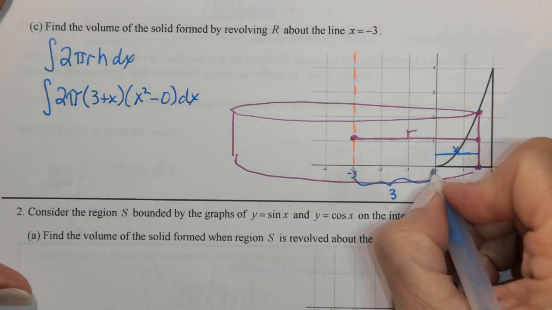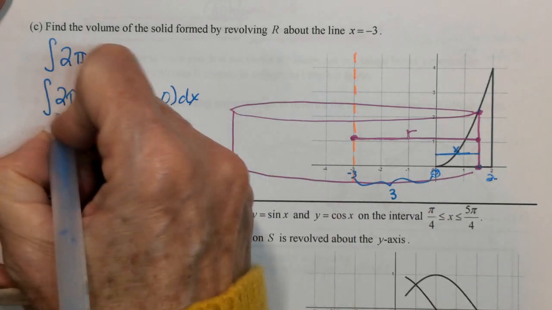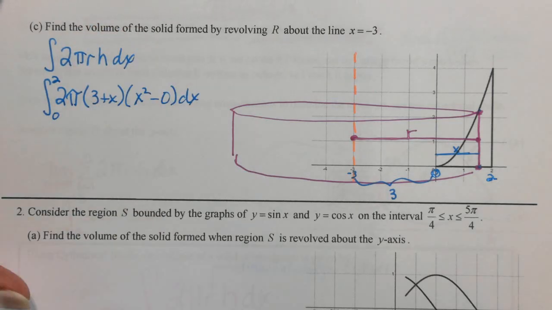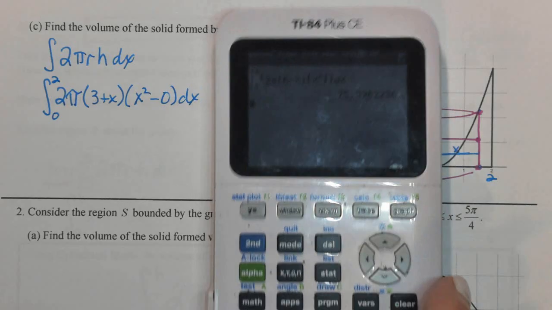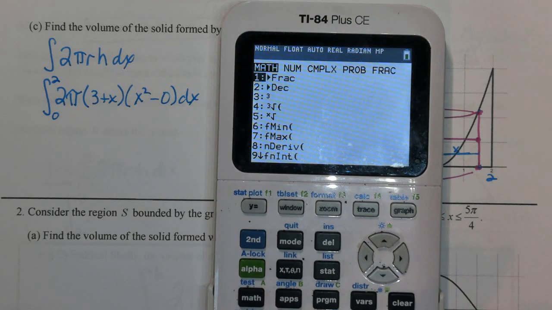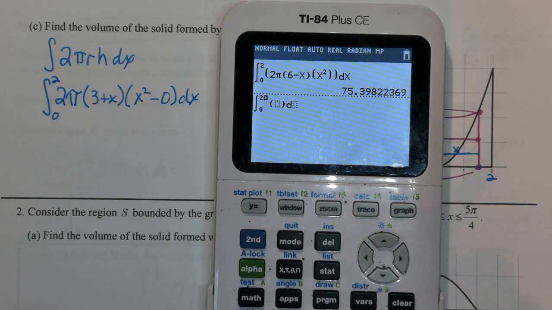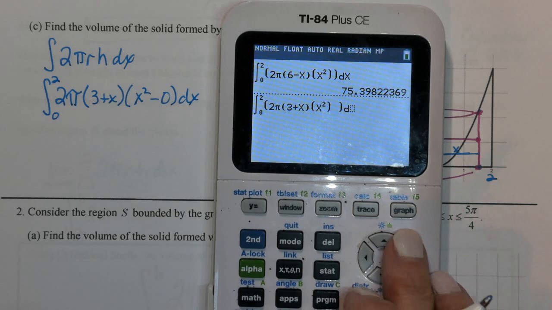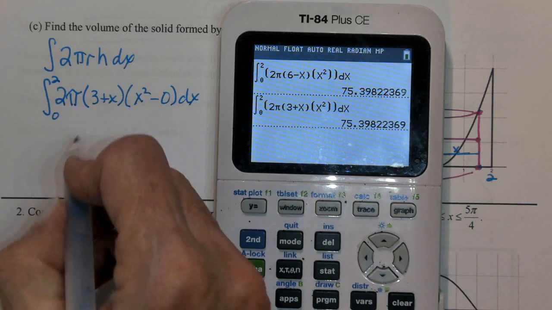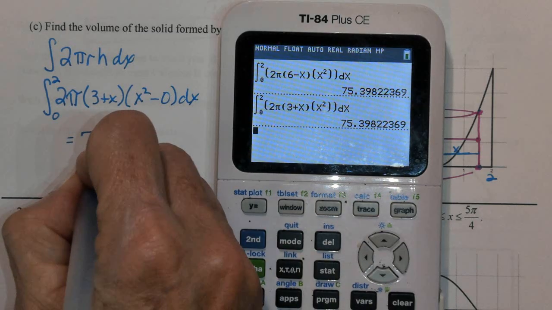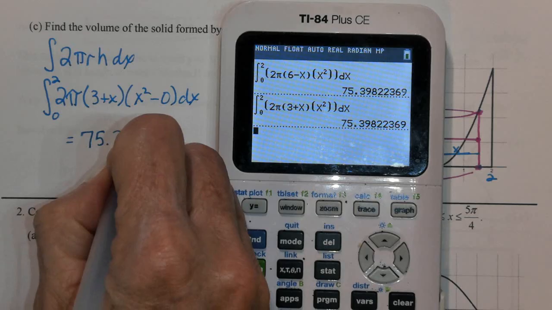And we are still using 0 to 2, the boundaries, the x extremes of your region. Zero to 2, 2 pi, 3 plus x times x squared. Happens to be the exact same thing we had above.